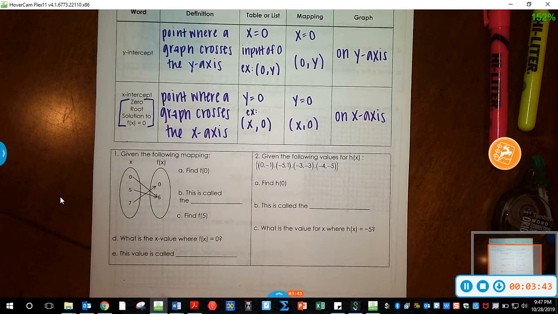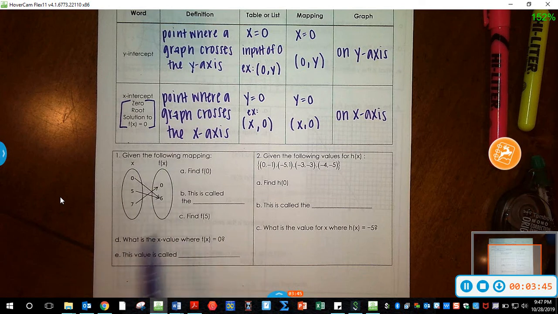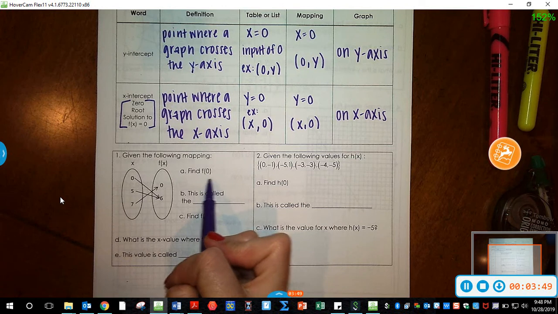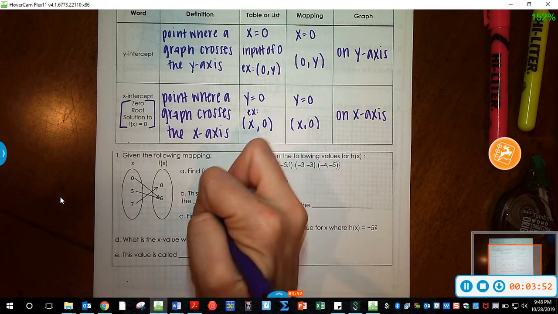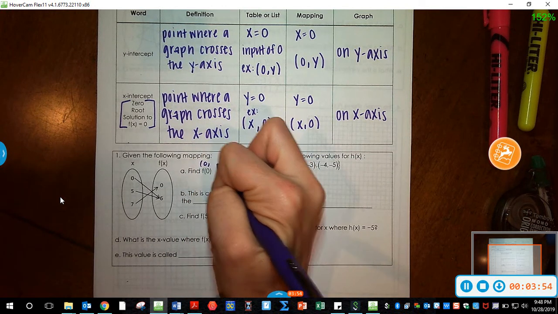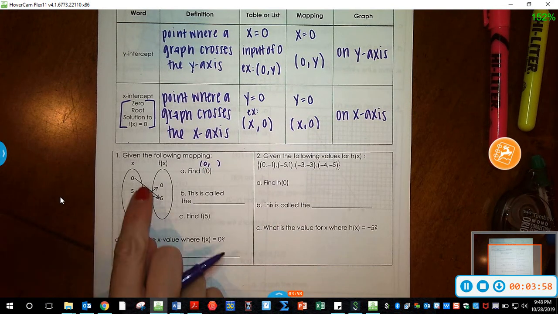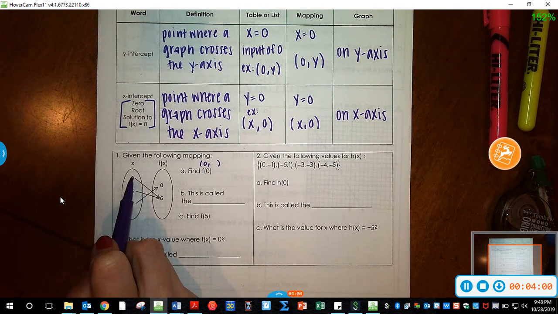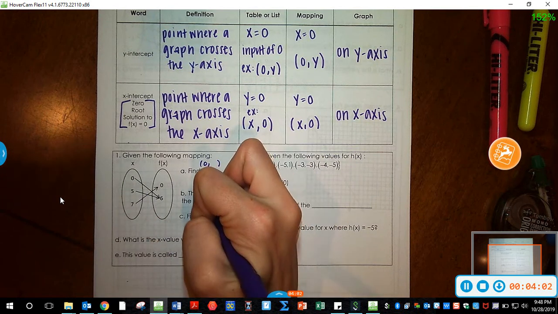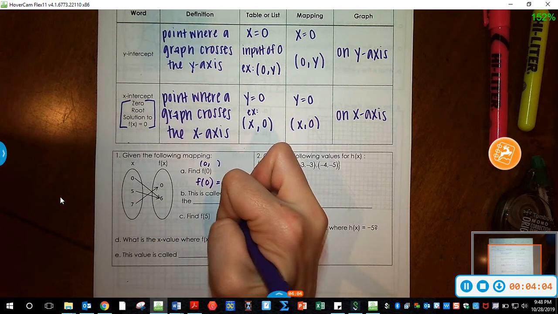Right, let's go down below. Now it says, given the following mapping, find f of 0. Well, we can recall from previous units, this is really saying when your x is 0, what's your y? So I go to my table, when my x is 0, f of 0 equals 6.